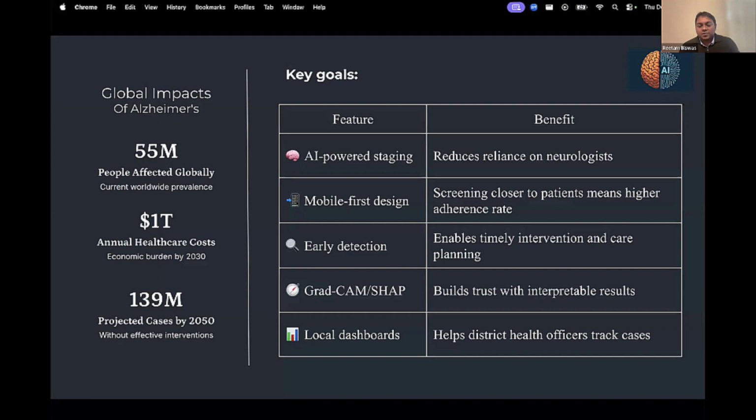And of course, in the healthcare area, interpretability is a key thing to measure, and this model can help maintain trust through Grad-CAM or SHAP overlay type images. We can further look into the use case where a local dashboard can help track the cases at the district level health office.